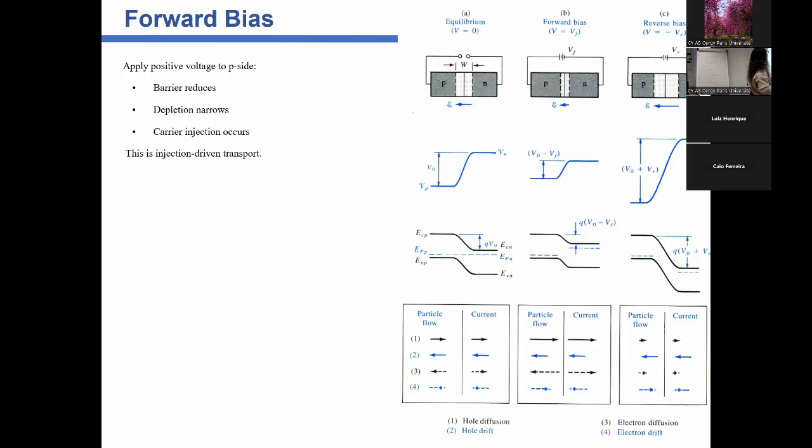Okay. So when we apply a positive voltage to the P side, it means that it's forward bias. So we reduce the barrier. So this barrier here reduces. That is the difference between the energy levels. If we reduce the barrier, also the depletion region, that is the width W, the width of the depletion will be narrow.